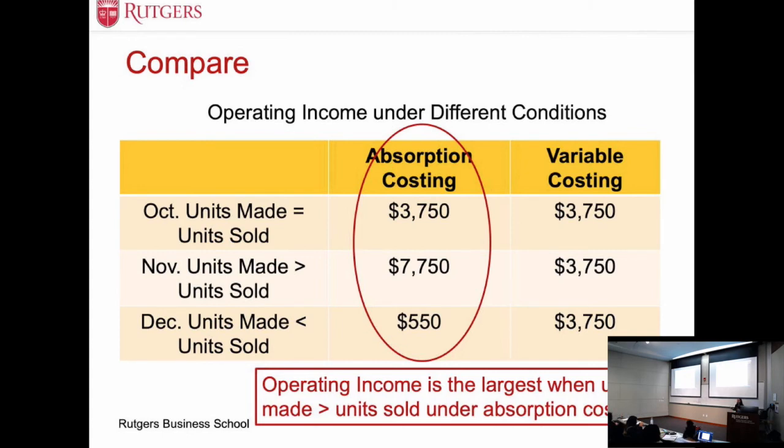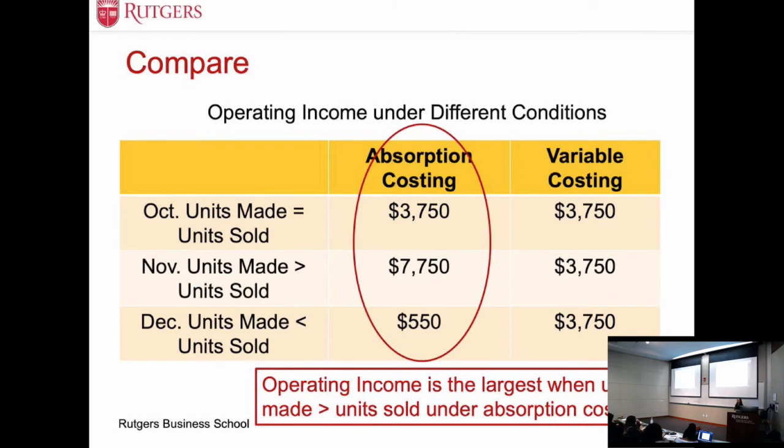It doesn't mean that this time you have a greater operating income means that you are actually doing a good job. Maybe the higher operating income is caused by some tricks chosen by the managers. So now you can see how the different methods and different situations can impact the operating income.